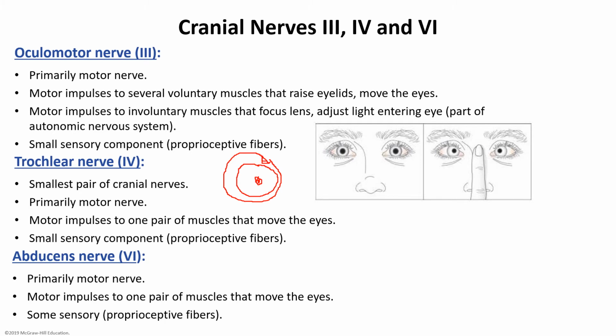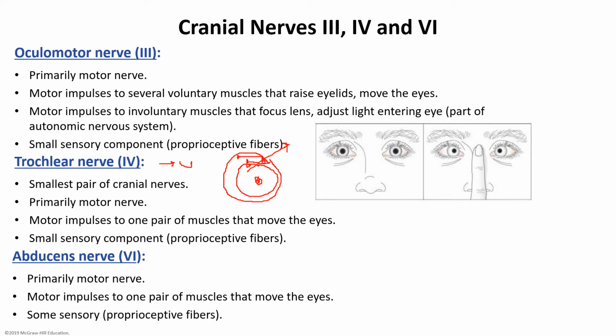And I'm going to have a muscle that attaches over here on the bone. It sticks through this little arch and then attaches to the eye over here, so that when it contracts, it pulls the eye at an angle. Now, this little pulley part here is called a trochlea. That's what a pulley is. And so this is called the trochlear nerve because it works that muscle.